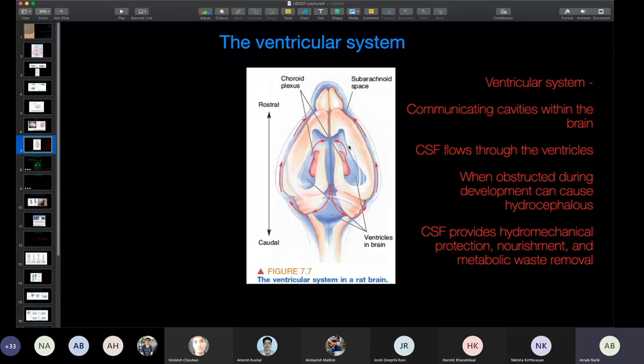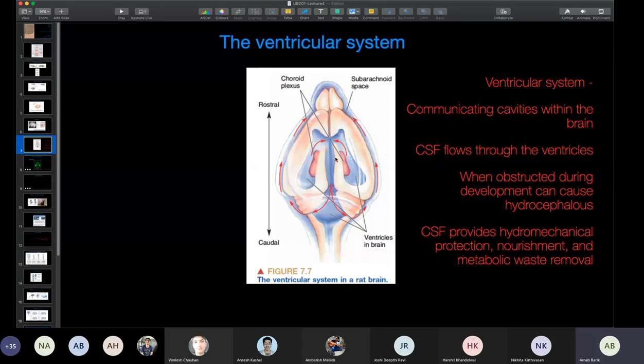It circulates all through the central nervous system, including the entire brain, and then it also collects the waste product and gives it back to the blood vessels, and then it goes to, say, the kidney, and gets excreted out.